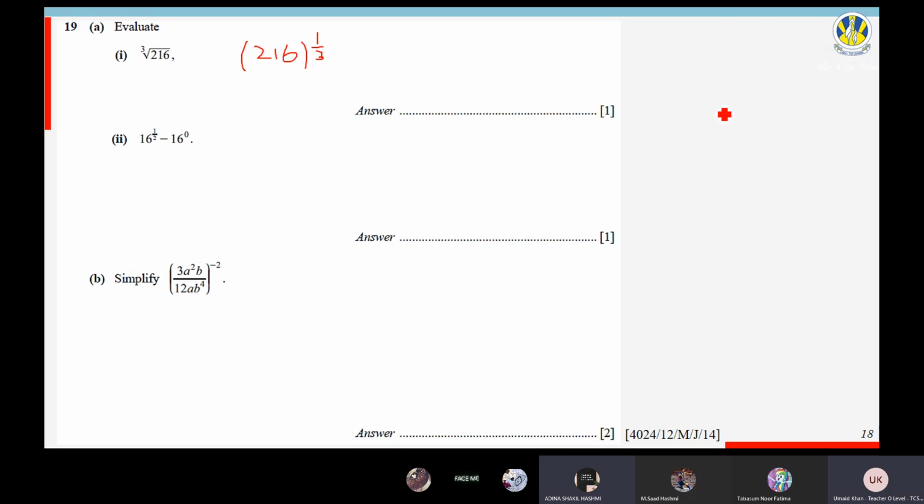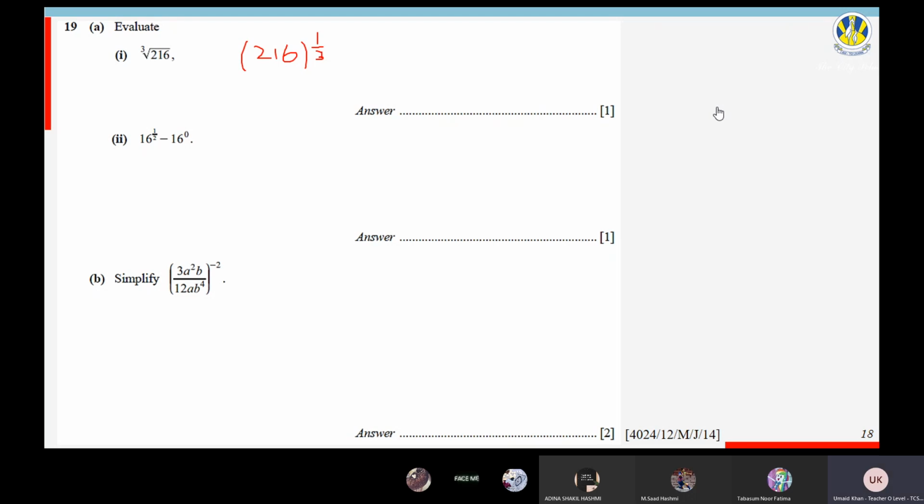So which number raised to the power 3 is 216? How do I find that number? Sir, we will divide it. No. In questions like these in the exam, when you have a big number and you want to find the 8th root or 7th root or 4th root, you always do prime factorization.